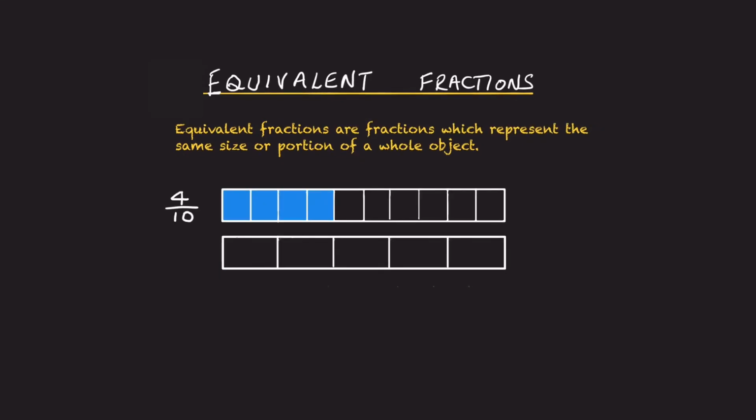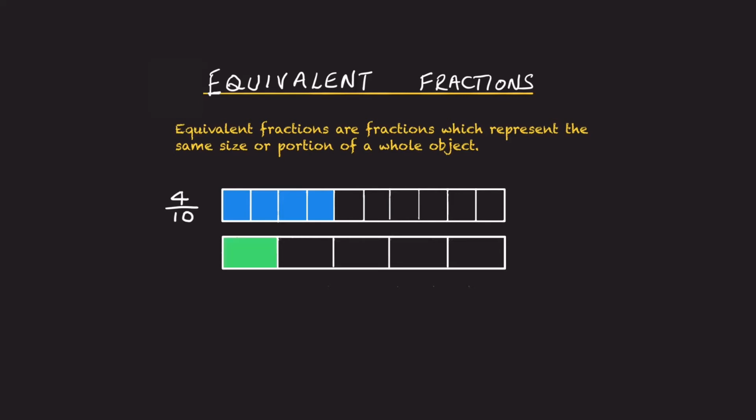And so one more example to reinforce the point. This time we've divided the bar into 10 pieces, and I have selected 4 of those and coloured them blue, so that blue portion is represented by the fraction 4/10. So I'm now going to colour in the same size of piece in the bottom one.